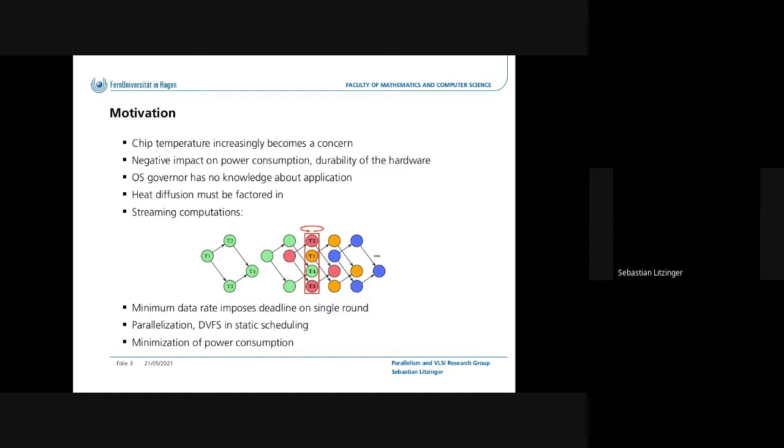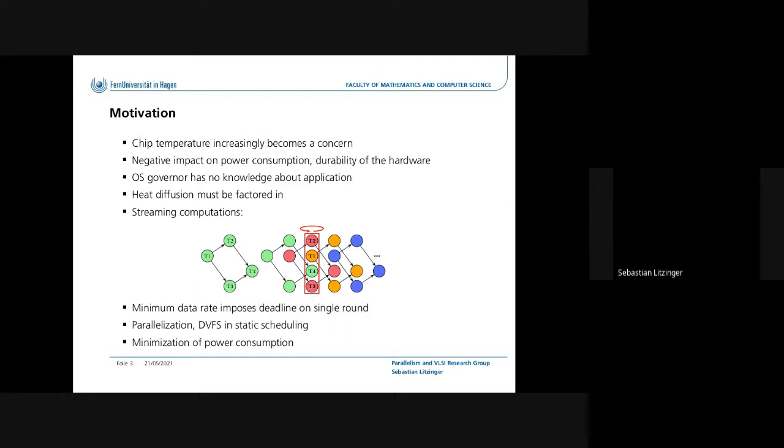But since it usually has no knowledge about the application, performance may then suffer, which in a way calls for user-level scheduling. And of course, from a more holistic point of view, you would also have to consider heat diffusion on a multi-core system, so heat flow to neighboring cores on the chip.